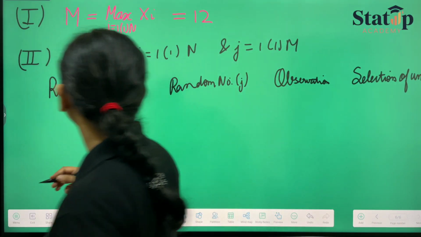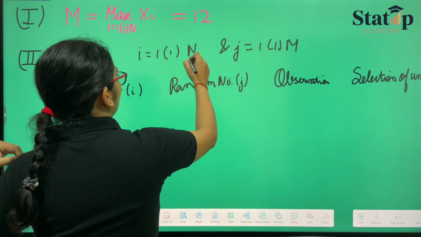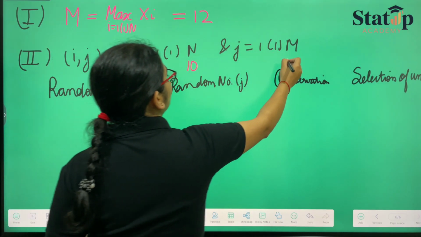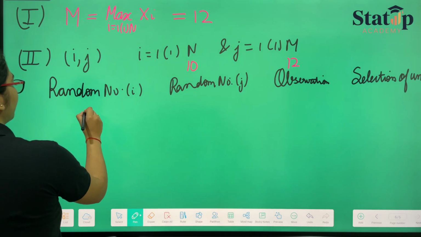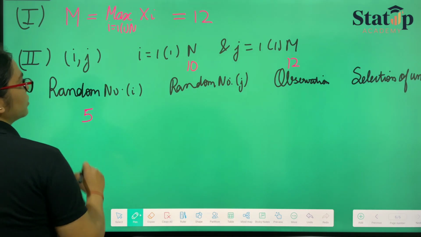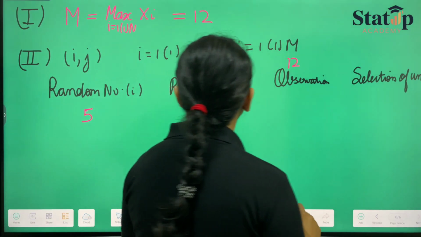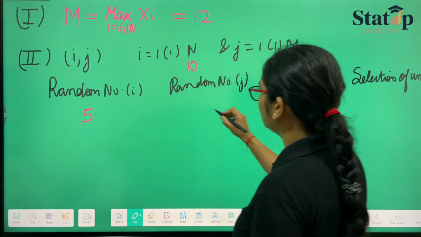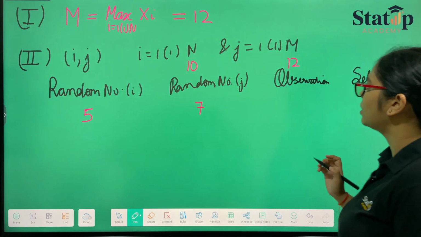Suppose the first random number that we take, capital N being 10 and capital M being 12, is number 5. Then random number j is selected as number 7, because from 1 to 12 any number can be taken.